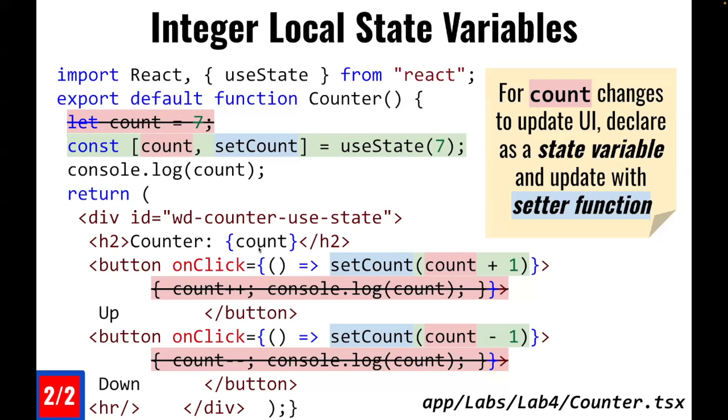Make sense? Now, the second item in the array is a function. We're destructuring it and assigning it to a local constant, and I'm calling it setCount. That function is going to allow us to modify, or calculate the new state of the variable, and also request a re-rendering of the DOM.